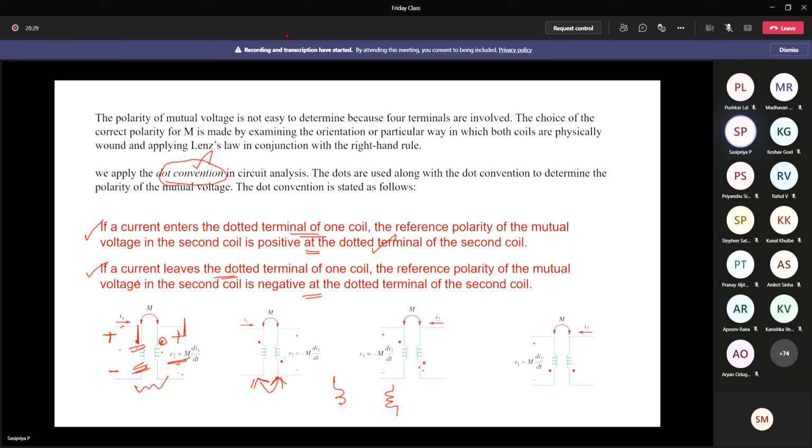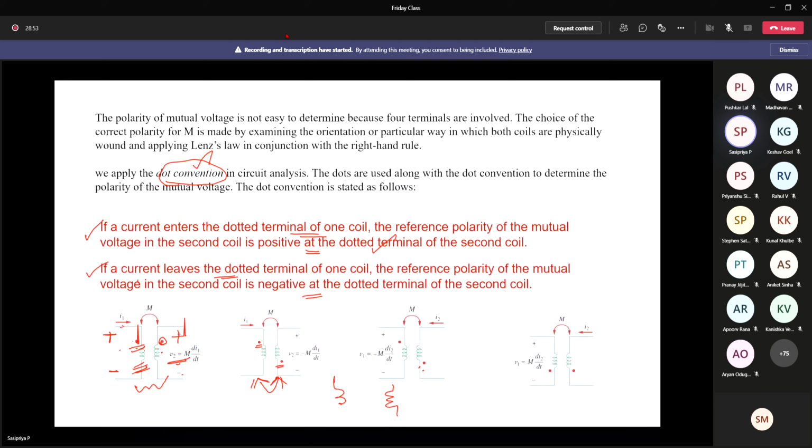Now, all these things we are discussing just to understand the polarity of the voltage due to the mutual inductance. We call it mutual voltage. For that we have something called the dot rule, and we have the dot representation in all the circuits. There are two statements.